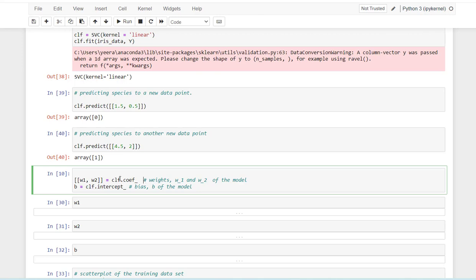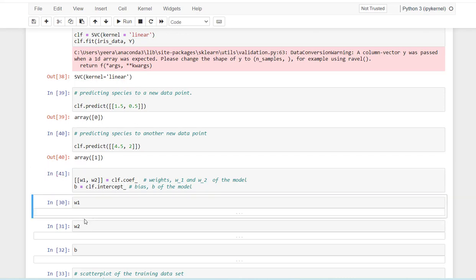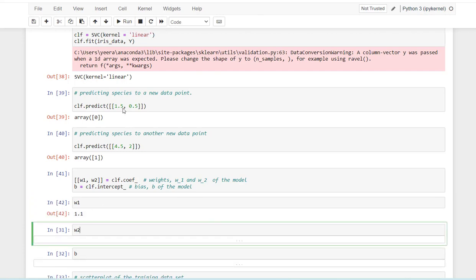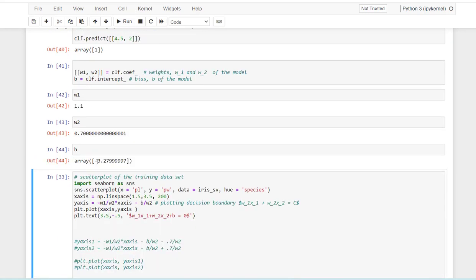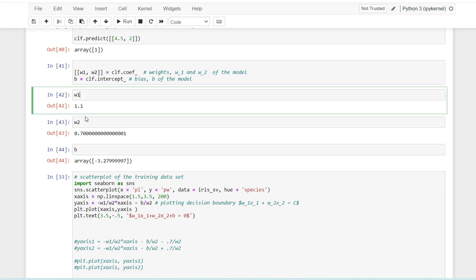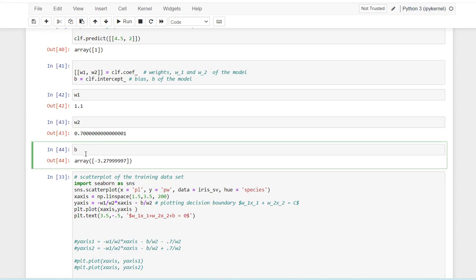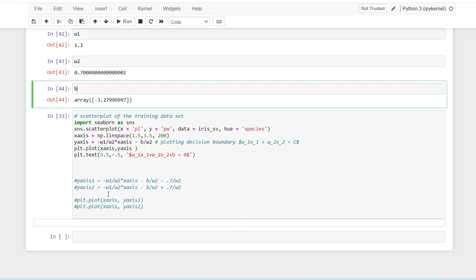This is a numpy array, so I need double brackets, and B is called intercept, so clf dot intercept underscore. If you check, W1 is 1.1, W2 is 0.7 and B is negative 3.27.